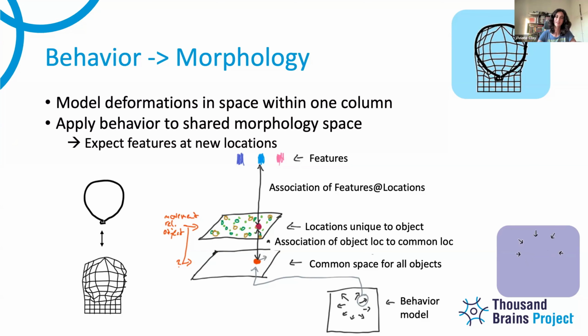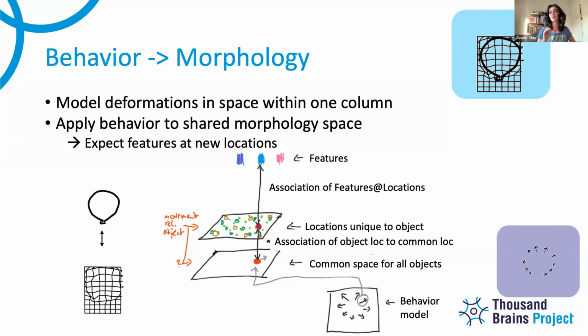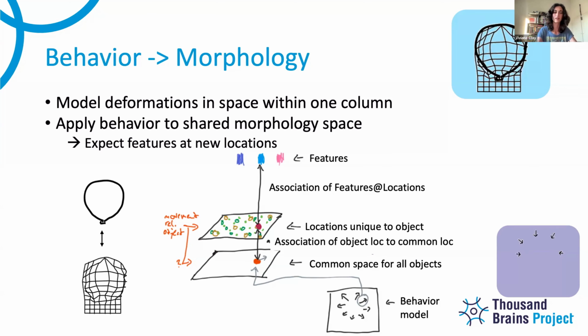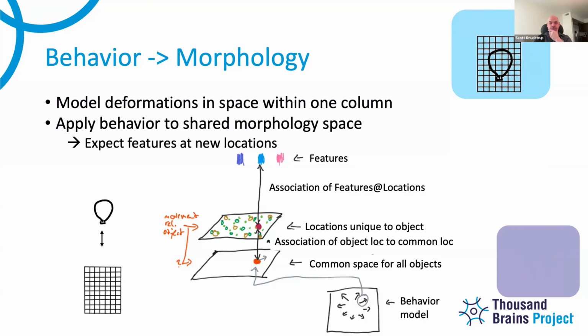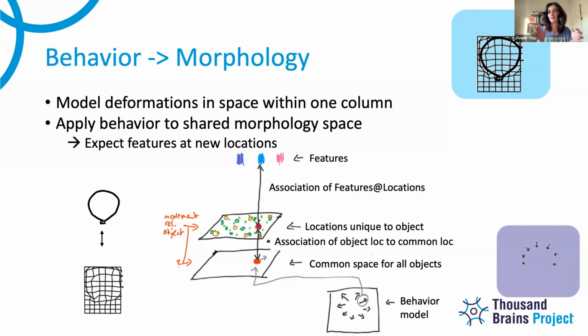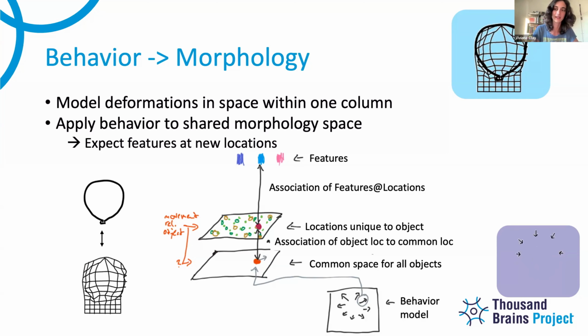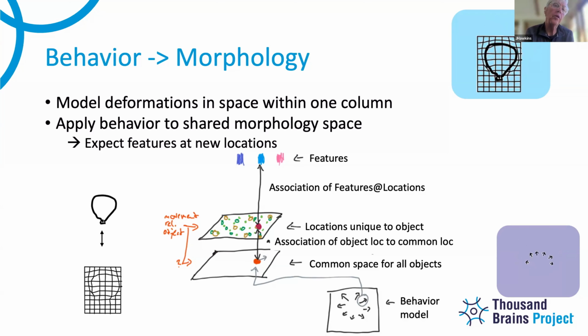The key reason why I went forward with this idea is that normally I would say it's unrealistic to store so many point by point associations of how every location distorts, how this whole space distorts. But if it is possible to learn this on a common space for all objects and then apply it to any object, you only have to learn all of that once, and then, like you just said, be able to generalize it to any object space.